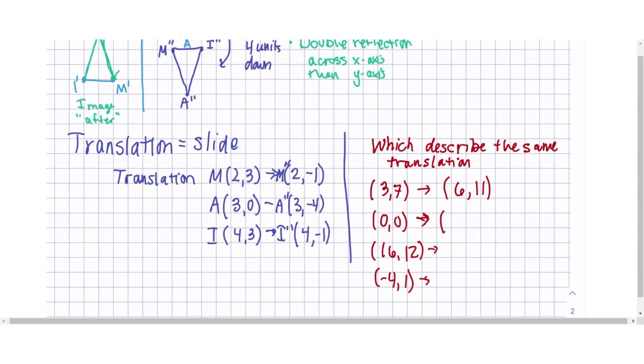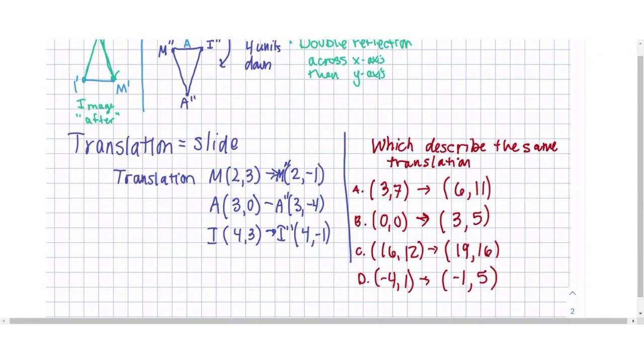This is going to be 3 and 5. This is going to be 19 and 16, and this is going to be -1 and 5. Let me call these A, B, C, and D. Which options, A, B, C, D, have the same translation?